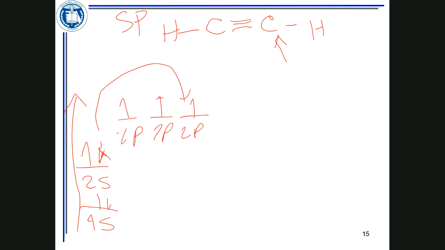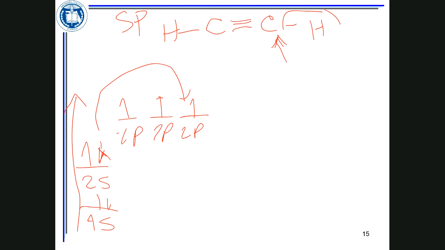If we hybridize the s orbital with 3 p orbitals, it's not going to justify the shape of acetylene, because the shape of acetylene is linear. Now, if you have a linear shape and 2 domains, that means this carbon is attached to 2 other elements.